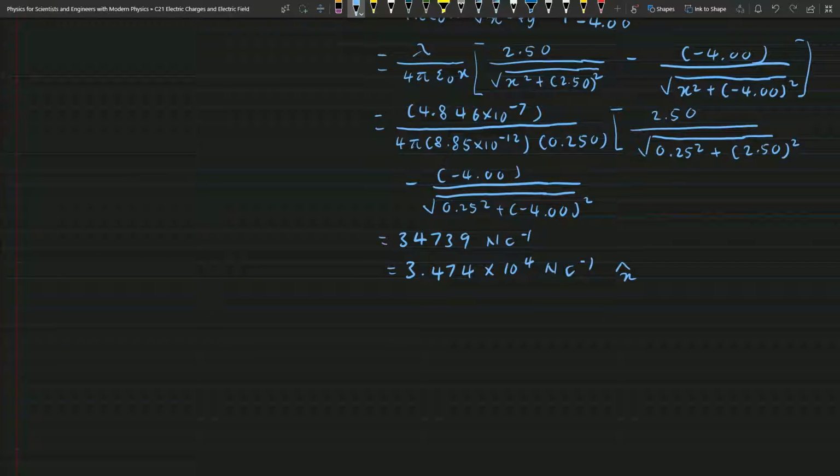So from here, this is E_y, and this is given by basically the same thing, with a minus.